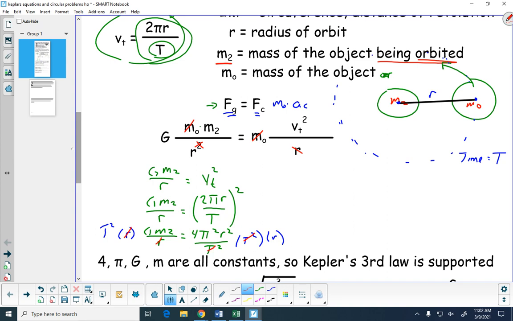I'm just trying to clean this up a little bit here. What that will leave us with is T squared G m2 is equal to 4 pi squared r cubed.